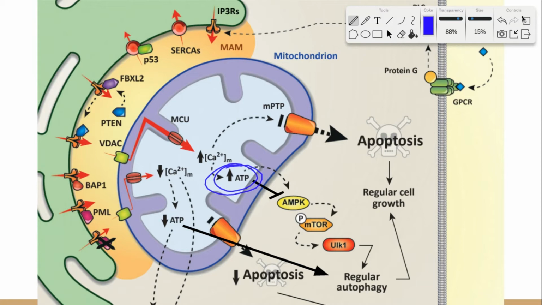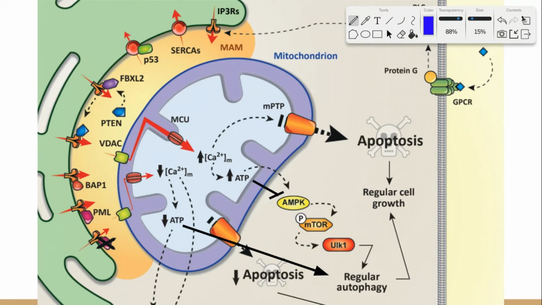So increased ATP concentration means less AMP, and if you have less AMP, you're not going to have activated AMPK, a kinase that depends on AMP concentration. And this ultimately leads to a regular basal level of autophagy. I have a slide coming up on calcium's regulation of autophagy. That's the general idea.